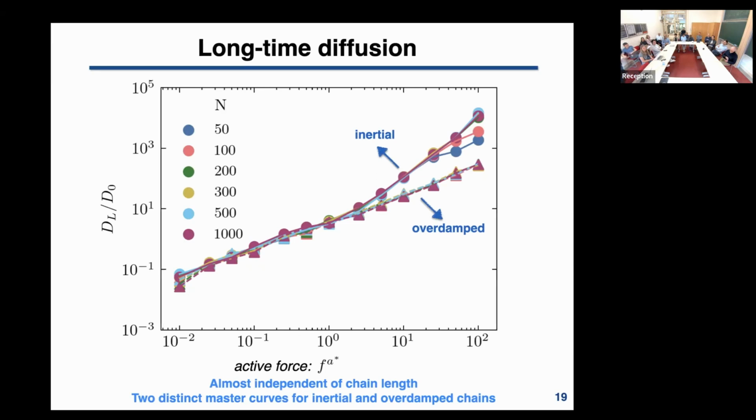For the overdamped case, they really obtain this by solving the model. And in the other case, again, everything almost falls on the same curve, apart from these instability points, which happen for short chains. But you see clearly a more enhanced diffusion compared to the Brownian robot, an additional enhancement because of activity.